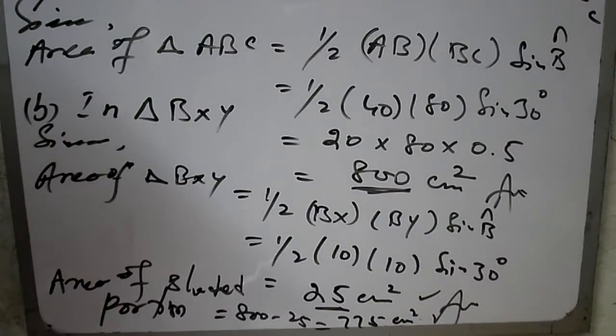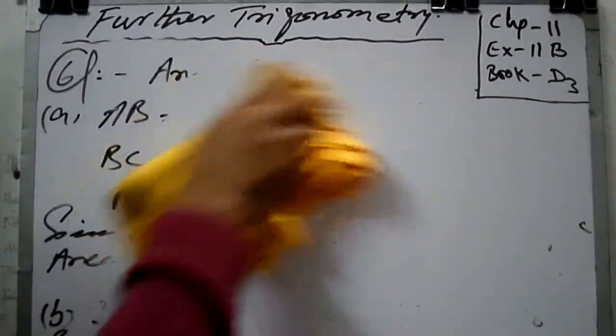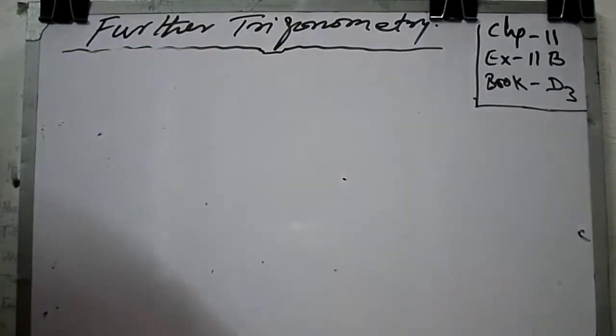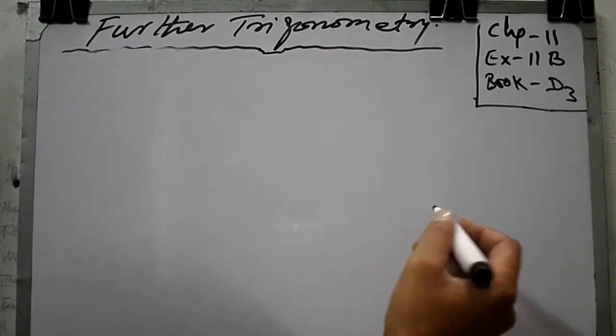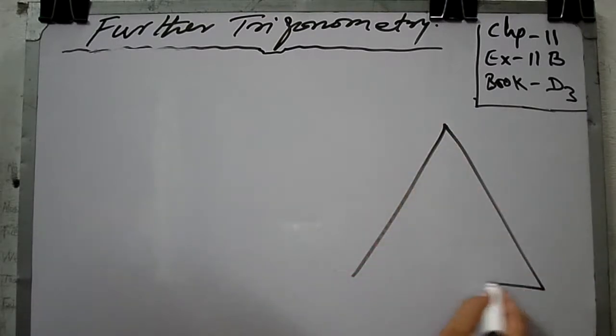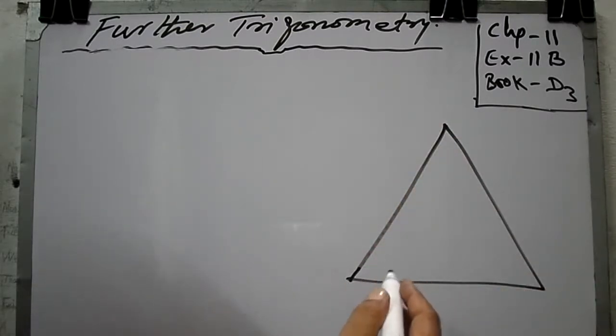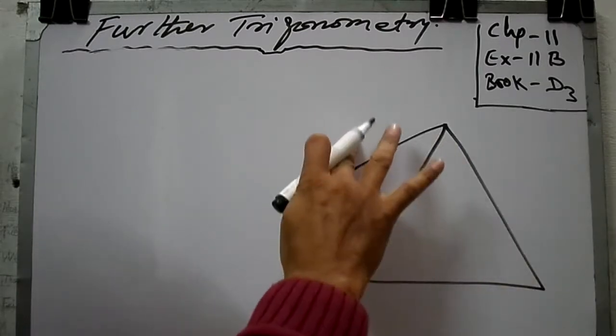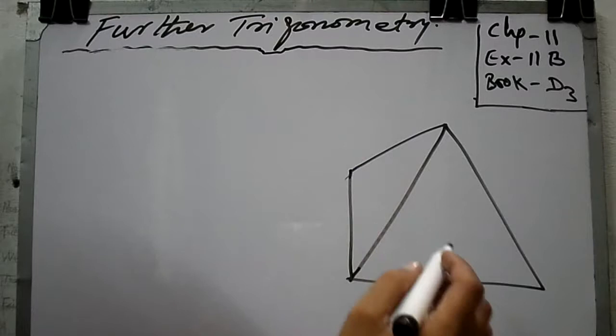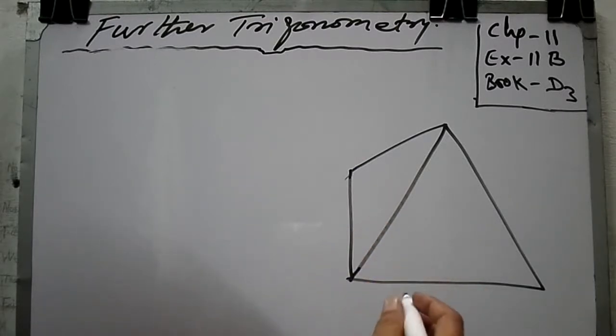Now coming to question number 7. In question number 7, we have been asked that the figure shows, first of all we have to draw the given figure. So that is your given figure.